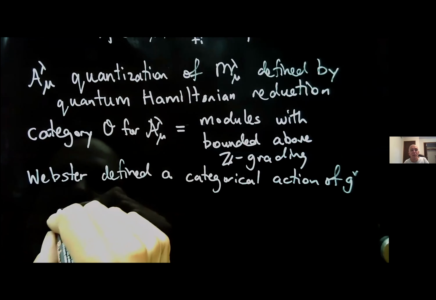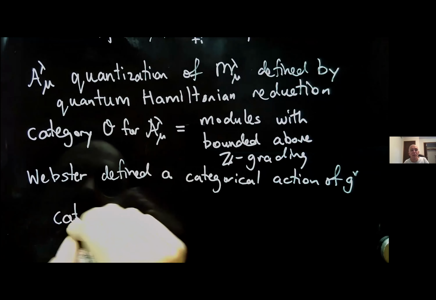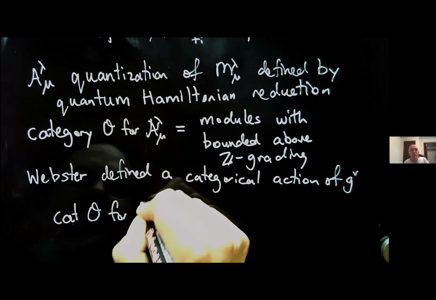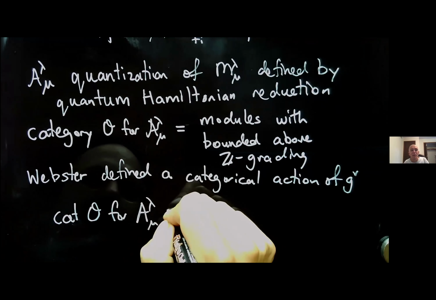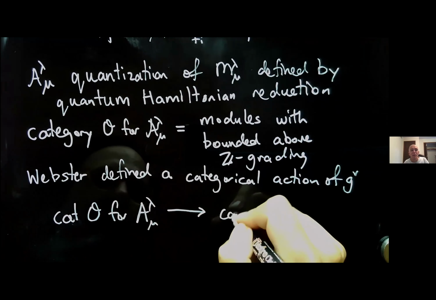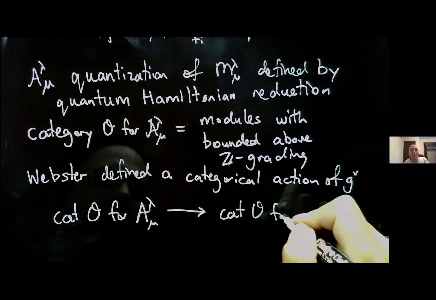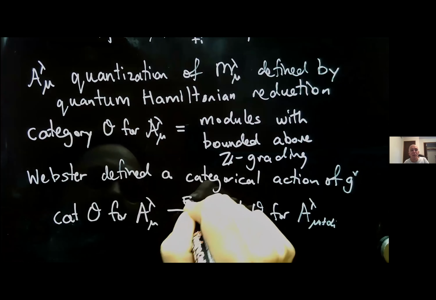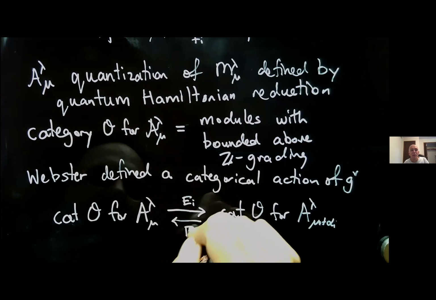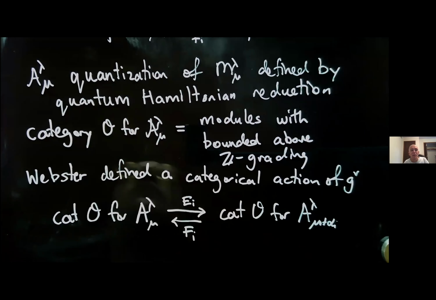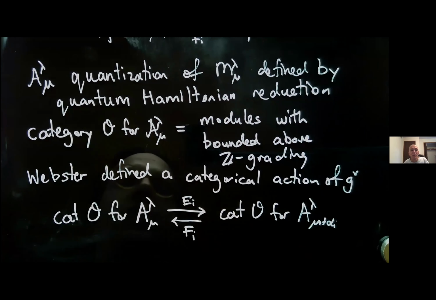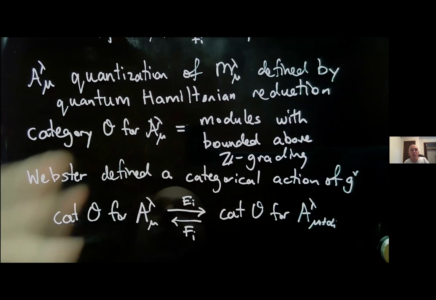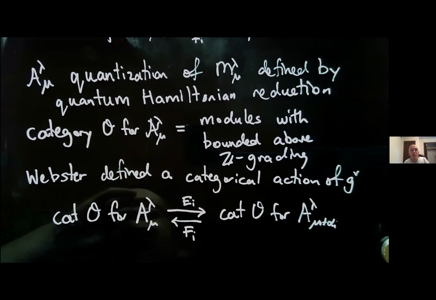So we have functors from category O for lambda mu to category O for lambda mu plus alpha I, called EI, and then a functor back called FI. And they satisfy a categorification of the usual relations in the Lie algebra G. Together this defines this categorical action of G check, and it categorifies this representation that we start with.